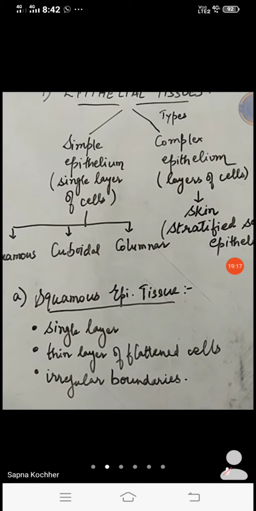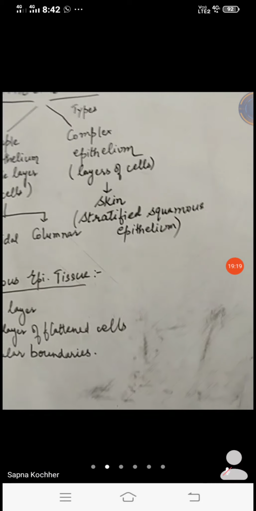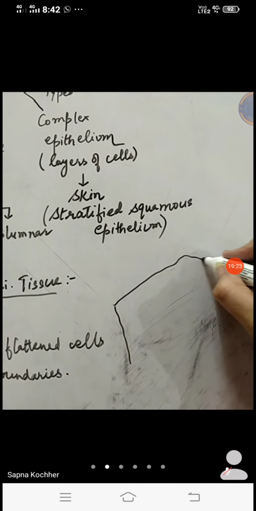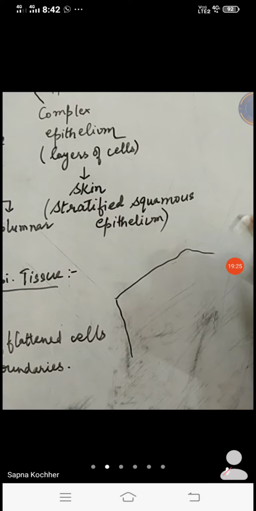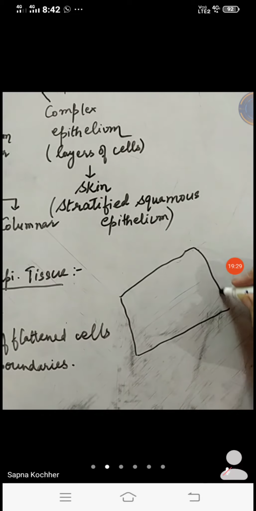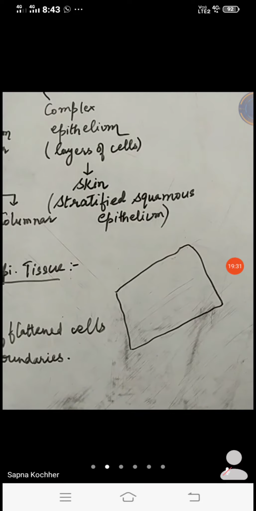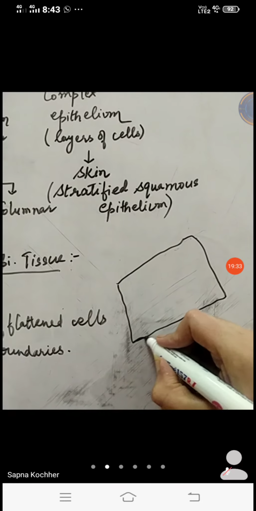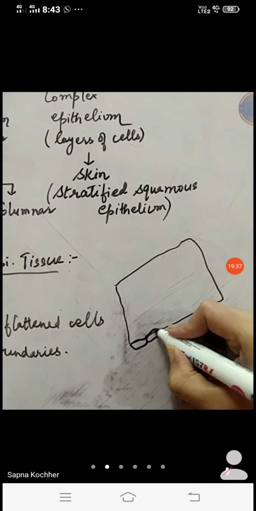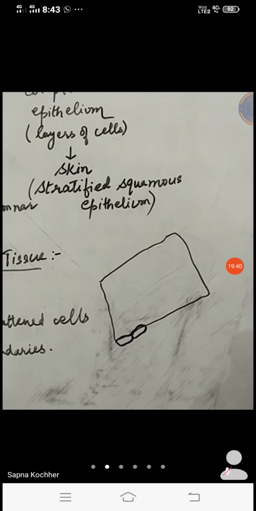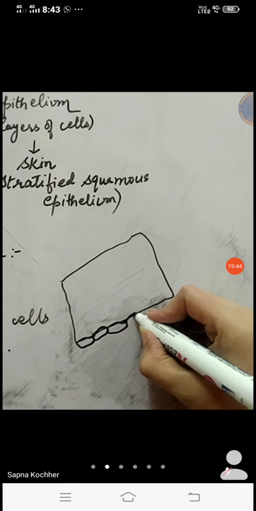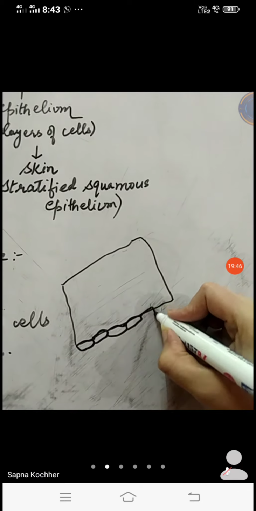If we see a sheet of this squamous epithelium from above, it will be something like this, I'm just making a rough sketch of it. The layer found towards the side will all be irregularly placed. So this is the irregular arrangement of the cells, having irregular boundaries like this.